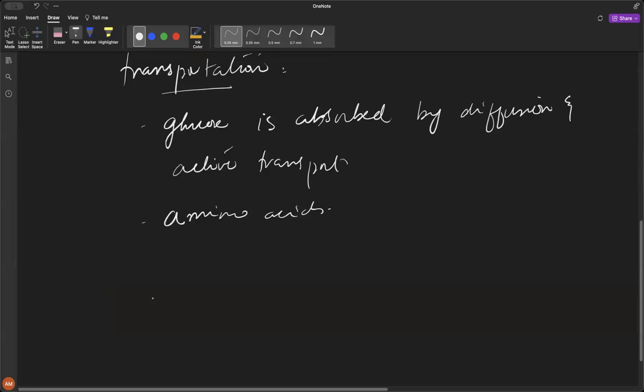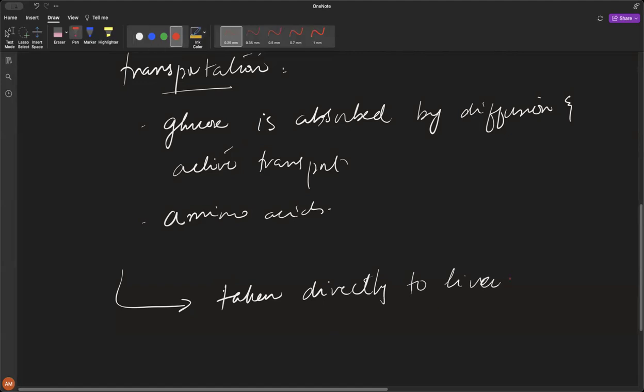Then both of them are taken directly to the liver by the hepatic portal vein.